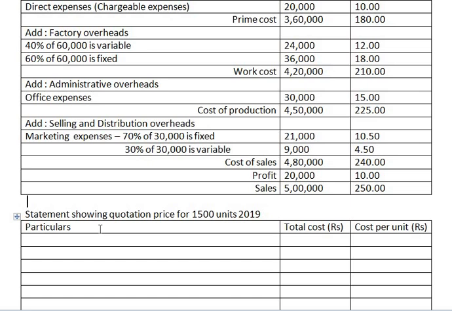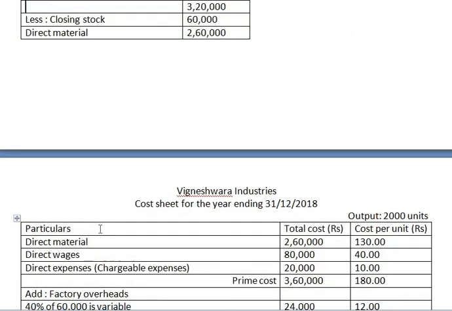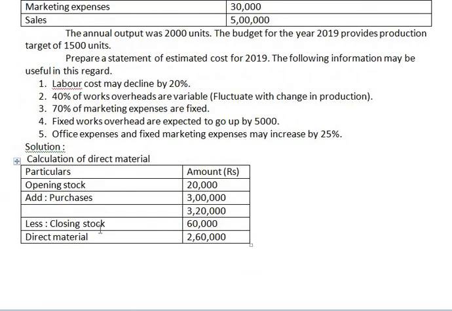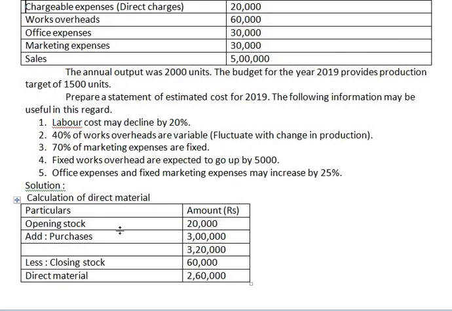Fine. Now go through the problem. Just check if any other information is given. Now this direct material is for 2000 units. Now in the year 2019 their estimation is only 1500 units.